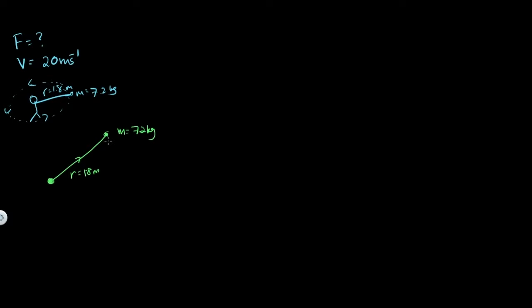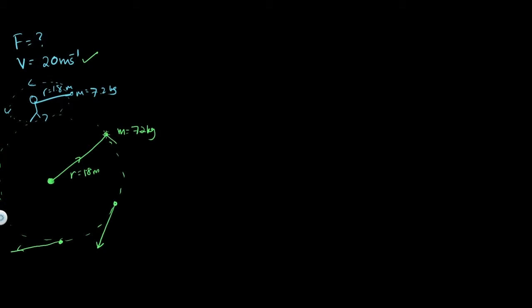Okay, and then what will happen? It will move in a circular path. It will rotate either clockwise or anti-clockwise, but of course it will move on a circular path at constant speed, which is equal to 20 meter per second.